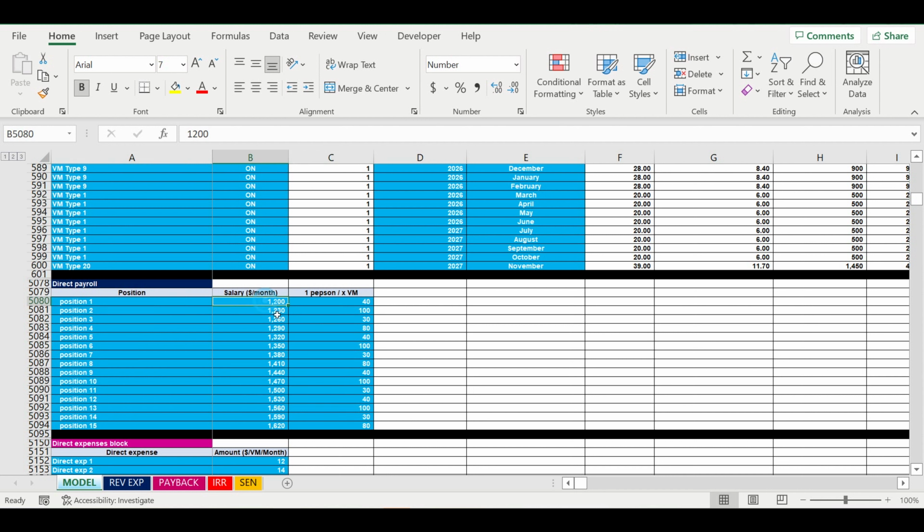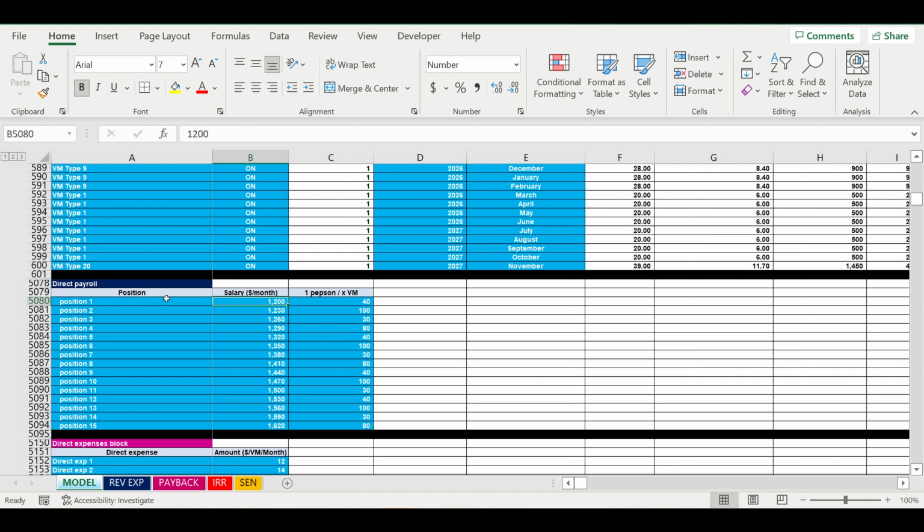So we hire one person on this position for every 40 vending machines in our operating activity. So if we have 40, we have one person. If we have 41, 42, 43, 50, we will have two people on this position. If we have, for example, 82 vending machines in operating activity, we'll have three people on this position.